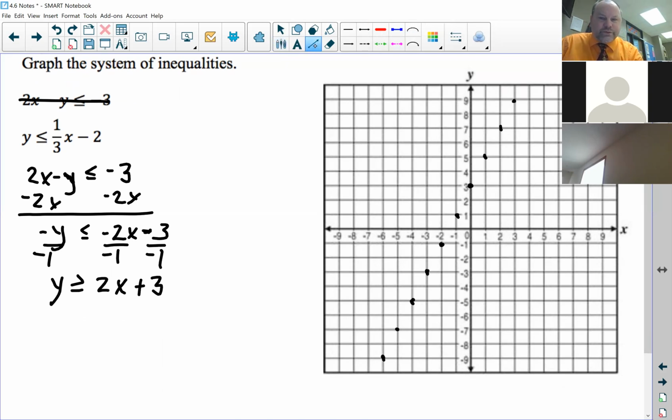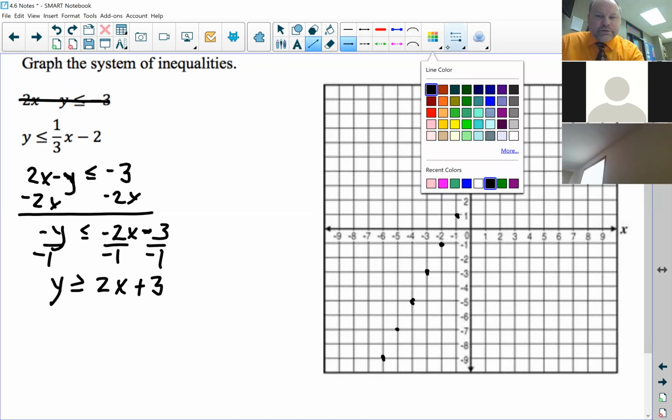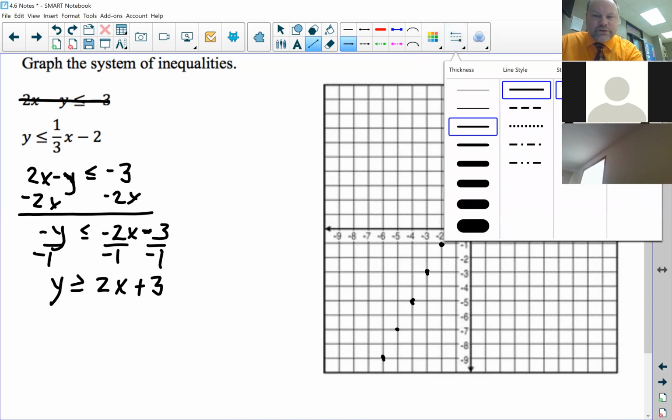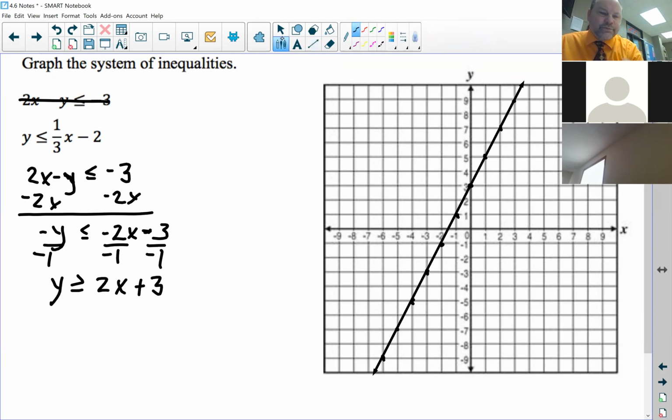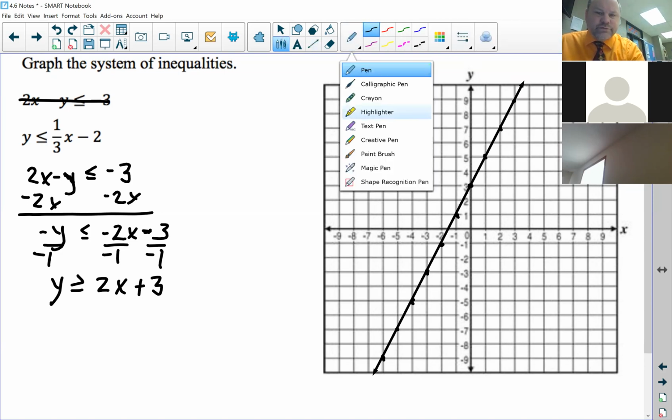Inequality is greater than or equal to. So we are going to draw a solid line. Greater than, so we shade above.